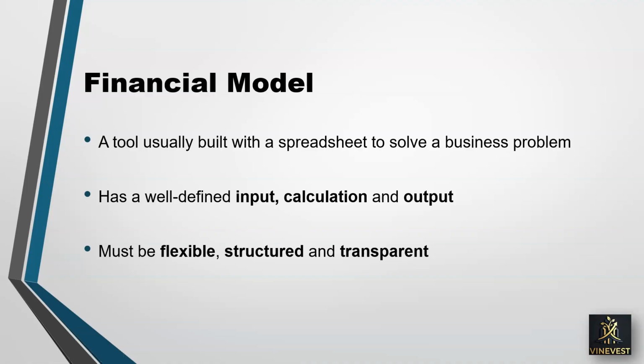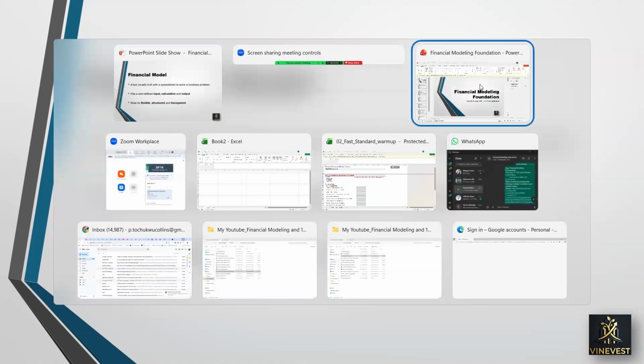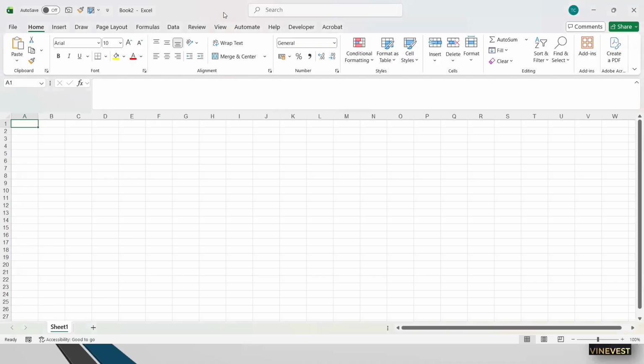So basically, let me just show you an example. Anything can be a model as long as it has inputs, calculation and outputs. I can just put something like this. Let's say I have 500 here, right?